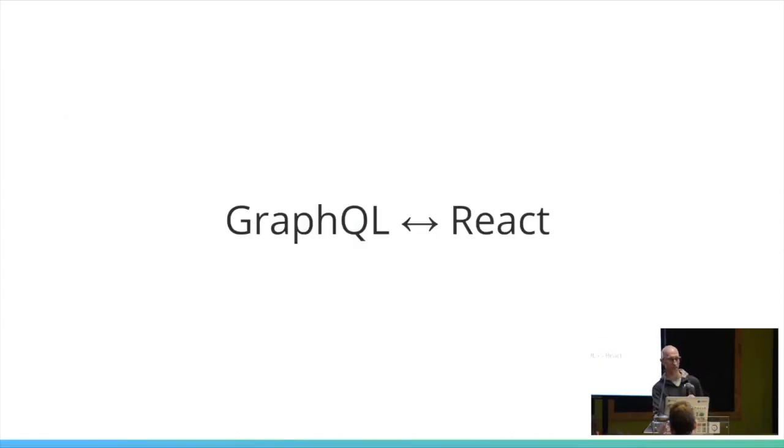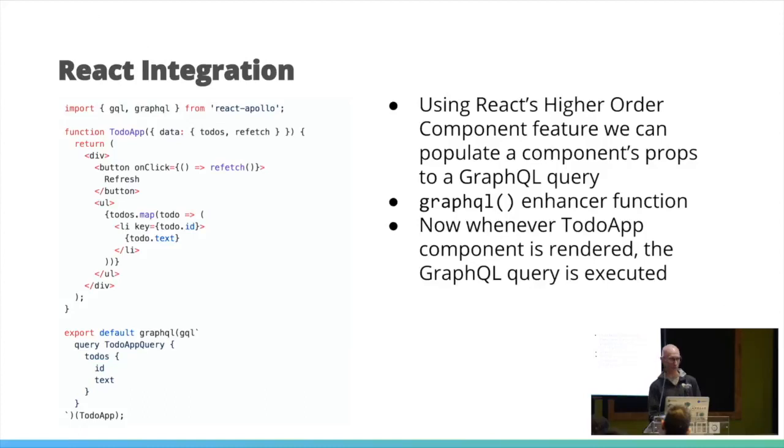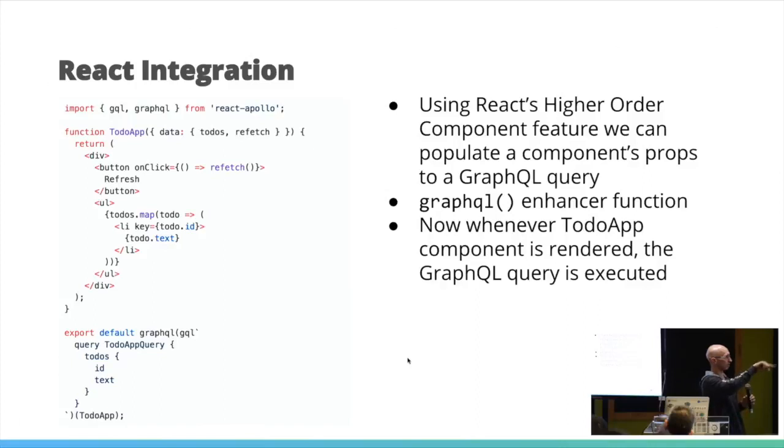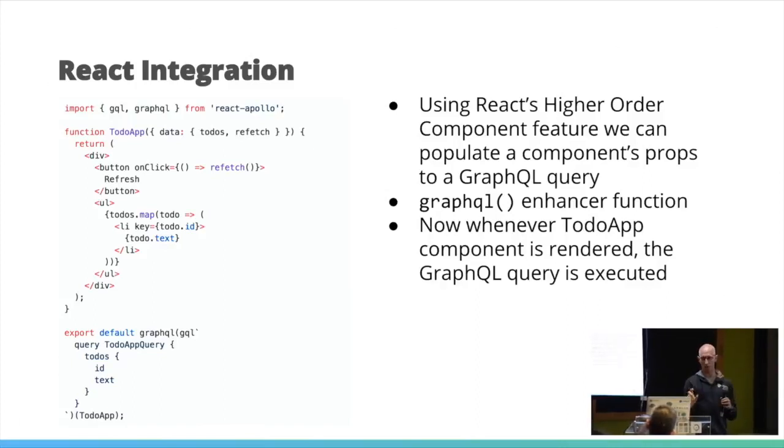Finally, we've got GraphQL to React. The way this works is we're using this GraphQL function down here. We just wrap a query around our component, and in this case, it's a to-do app example.